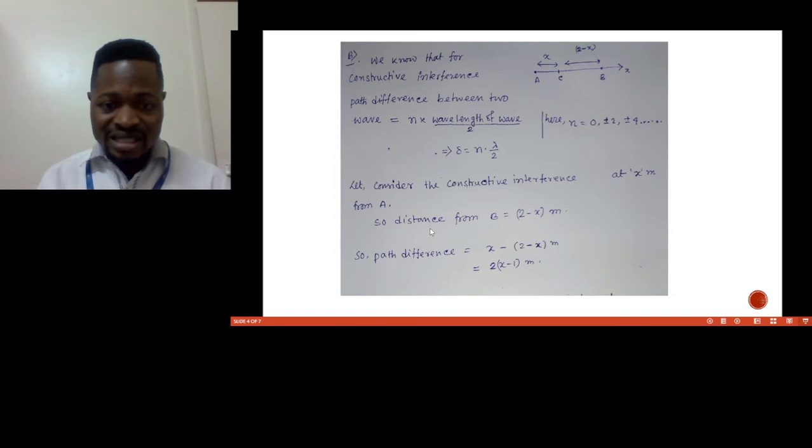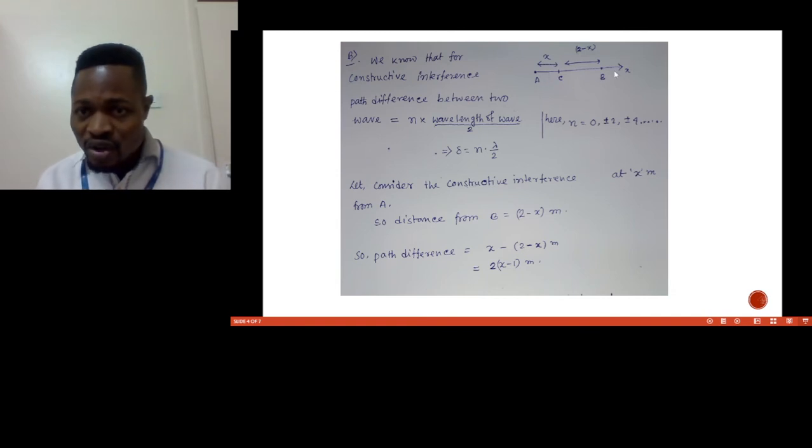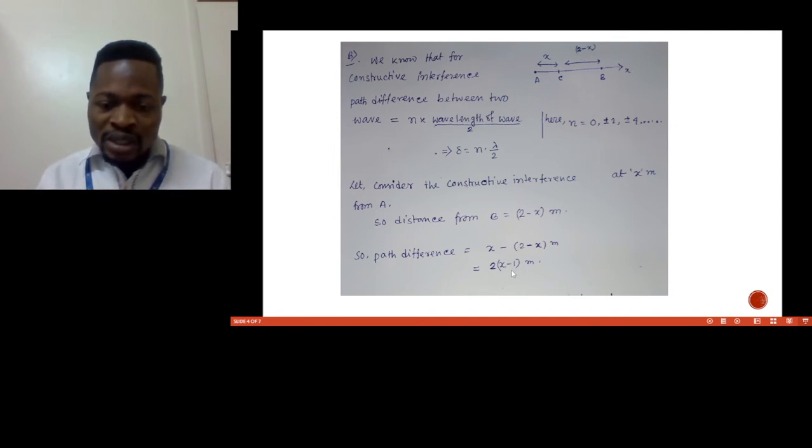So the distance from B is going to be 2 minus x. The path difference will be given by x minus (2 minus x), because we are concentrating on this x-axis. So it will be x minus (2 minus x), which gives us 2 into (x minus 1).